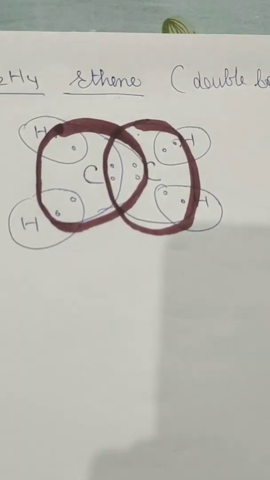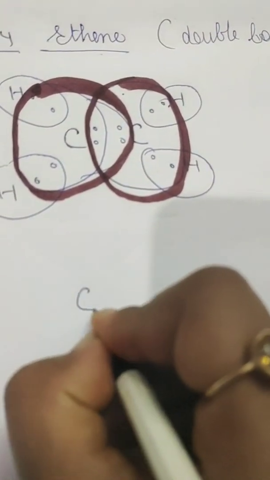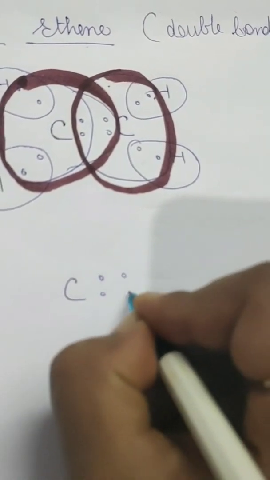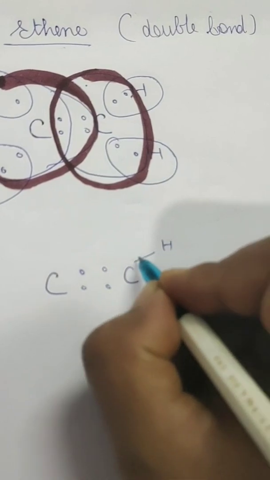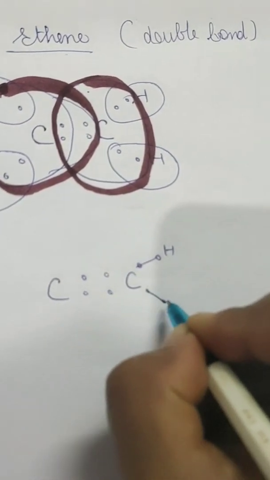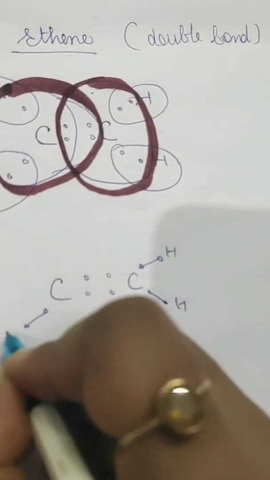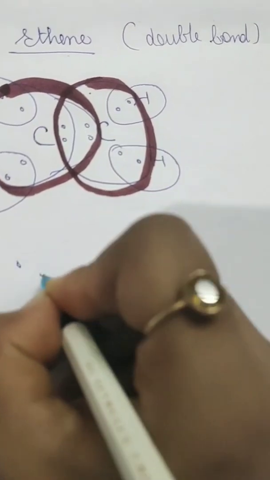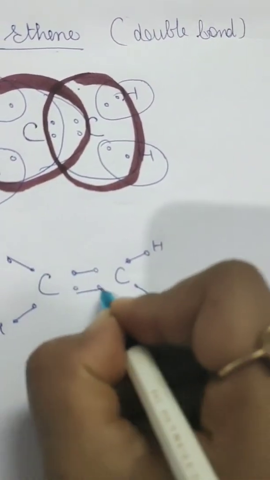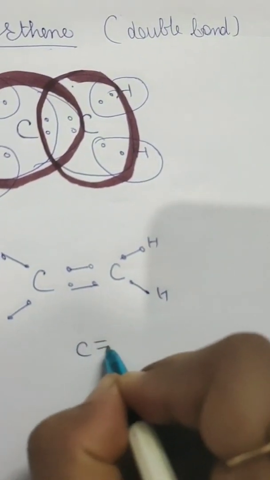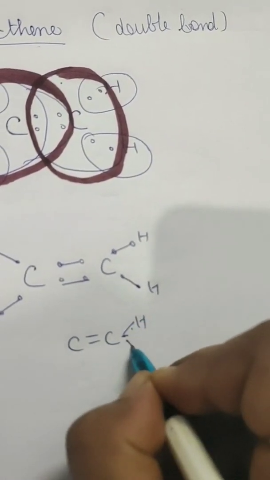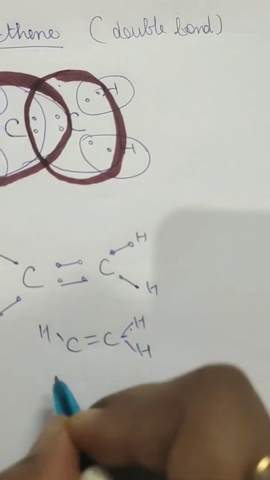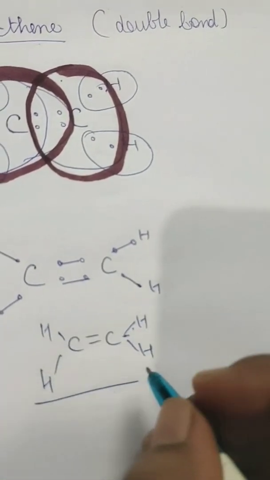So this forms the double bond. It looks like this, and this hydrogen, so 4 here. So this is a double bond. So it's C double bond C and H4, it's ethene.